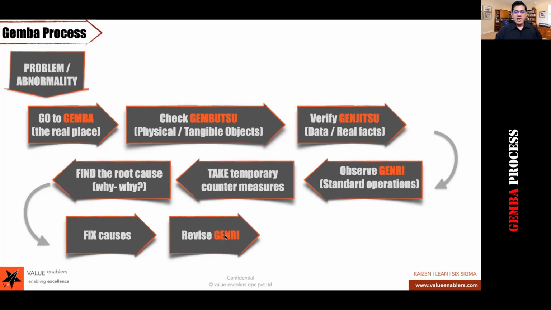Albert Einstein once said, we cannot solve the problems with the same thinking that we used when we created them. If it is true, type true in the comment box. He said, we cannot solve the problems with the same level of thinking that we used when we created them.